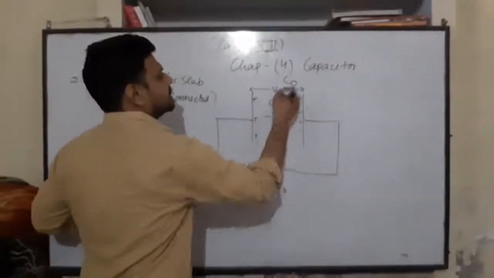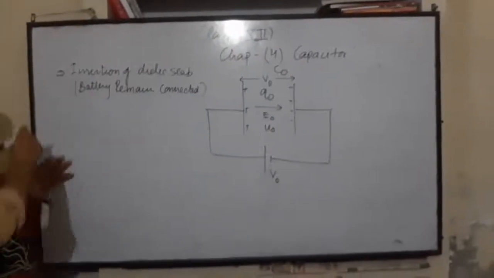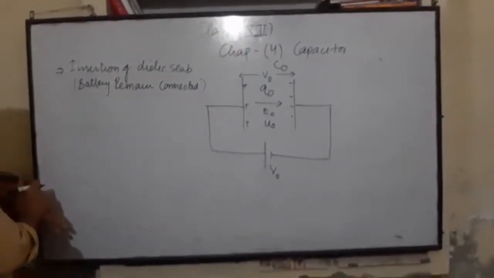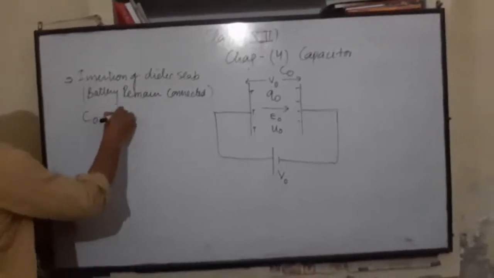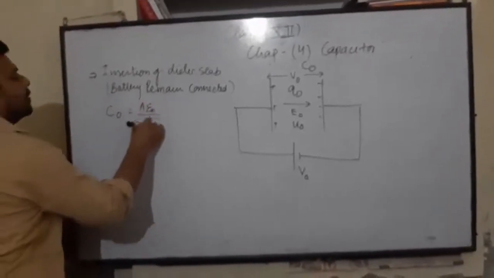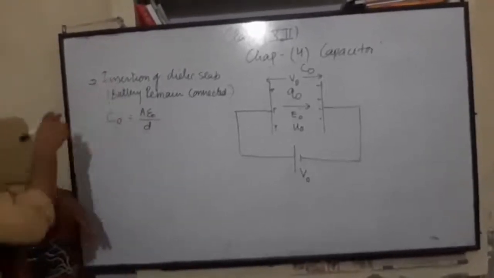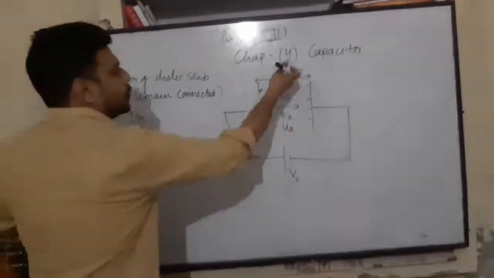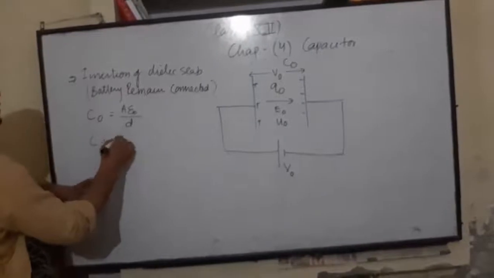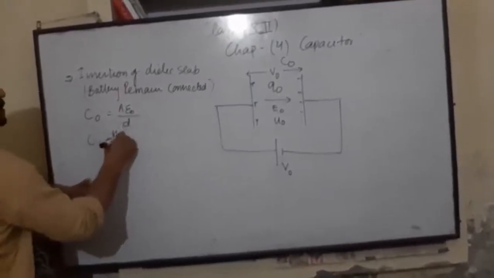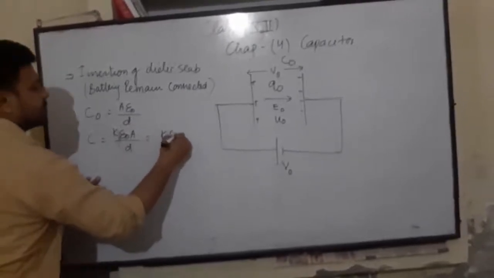We know the capacitance of an air capacitor is given by C naught is equal to A epsilon naught over D. And if we place a dielectric slab in the whole portion between the plates, then it becomes C is equal to K epsilon naught A over D, or you can write K C naught.